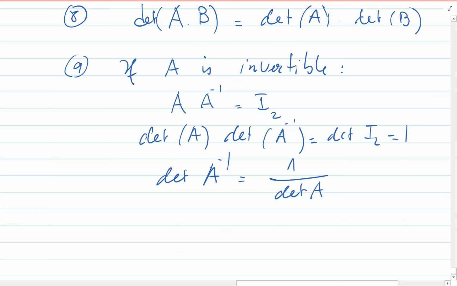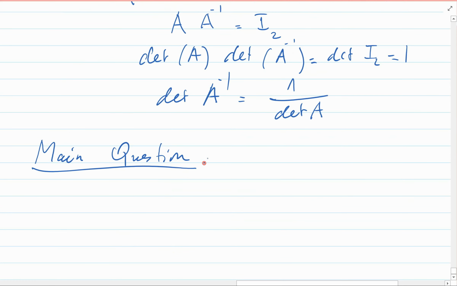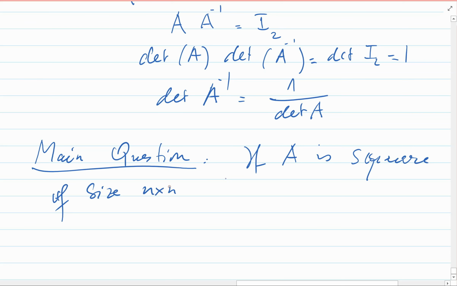2 by 2. So the main question that we'll discuss in the next lecture, a natural question by the way, is if A is a square matrix of size n by n, greater than 3, what is the determinant of A?